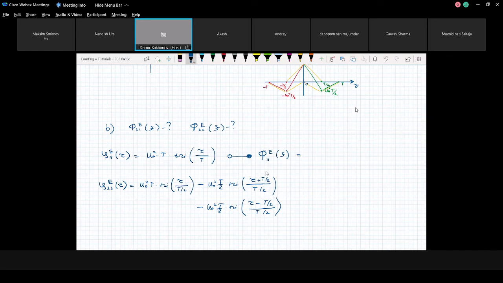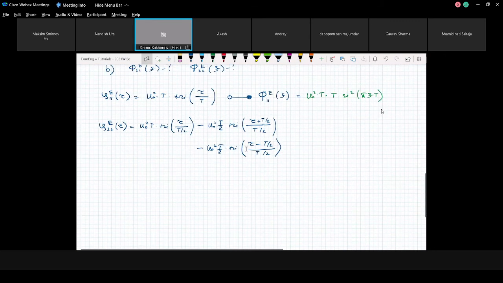So we get T times sinc squared of pi f T. But we also should take into account the scalar in front of it: u0 squared times T was from the beginning, u0 squared times T, and then we have the Fourier transform, T sinc squared pi f T. Yeah, this is what we get for the first Fourier transform.